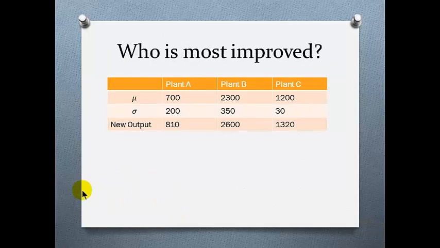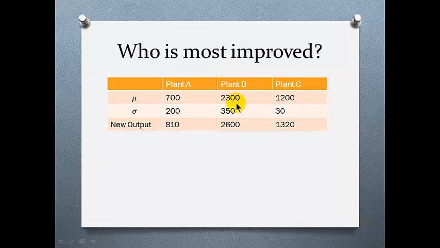Here's an interesting problem. I'm a district manager for 3 plants. My local manager at plant A has averaged over the past year 700 units with a standard deviation of 200. Now, this month, he came up with 810 units, so he improved. That was good.